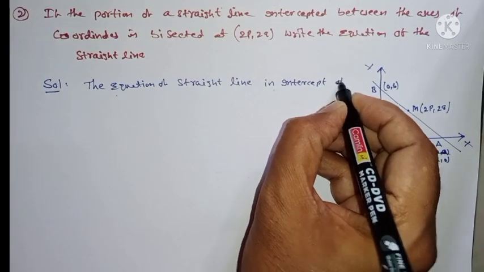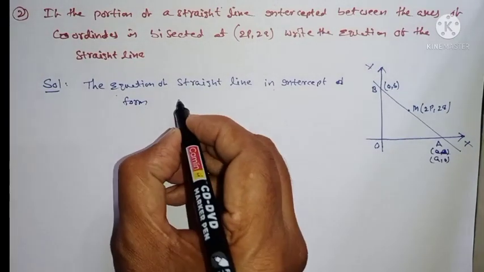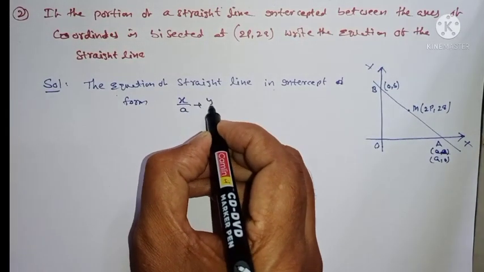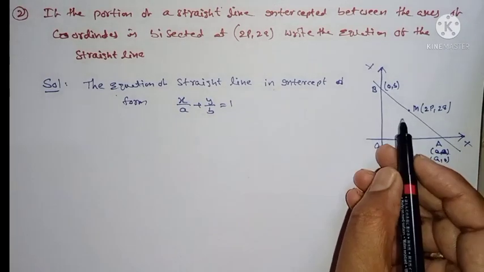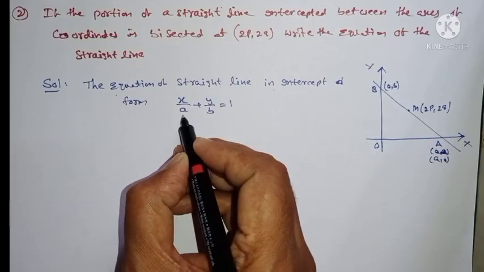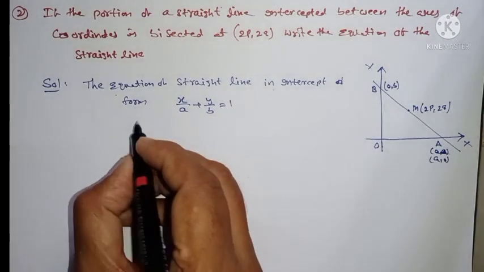How can I write the intercept form? x by a plus y by b is equal to 1. Again observe here, it is given. You can find a and b and substitute.